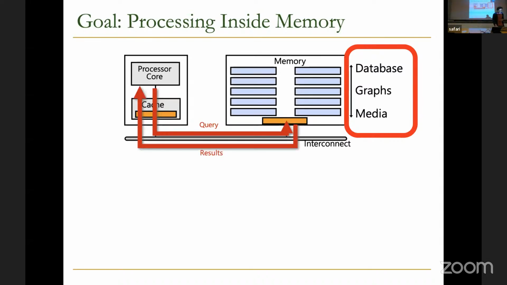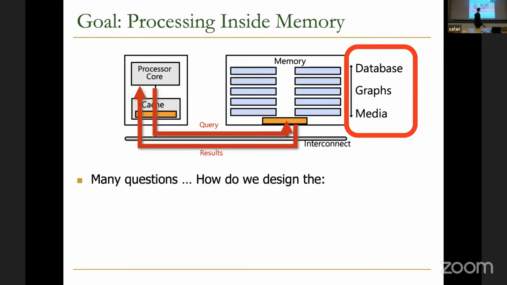And we are going to see later what are the different possibilities that we have for this compute capability. But after offloading some computation, for example, a database query, this orange compute capability that we have here on the right will access memory, will perform some computation, and then return the results to the CPU.